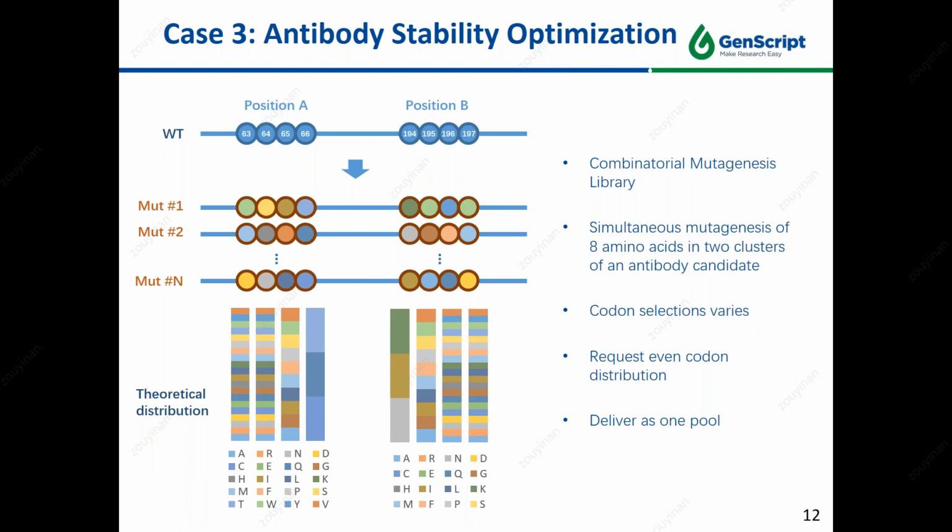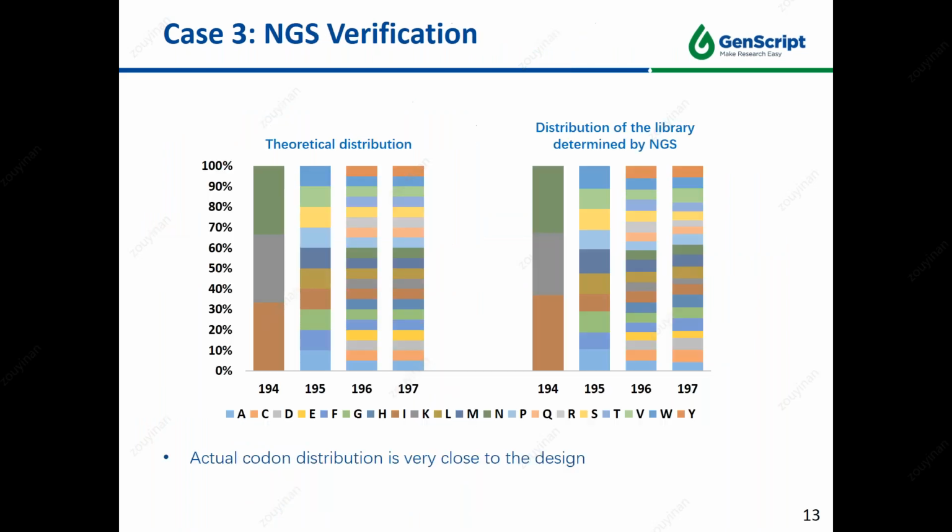Similar to the previous cases, this customer also asked for an even distribution of all variants. So NGS again is used in this case for verification of coverage and distribution. The figure on the left represents a theoretical distribution of codons at positions 194 to 197.